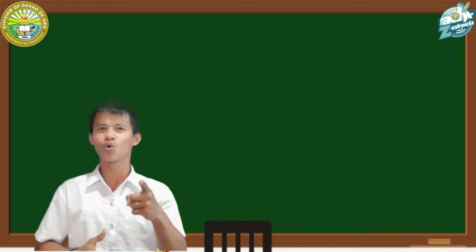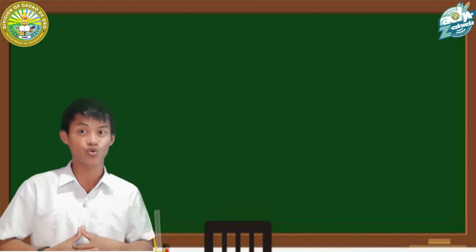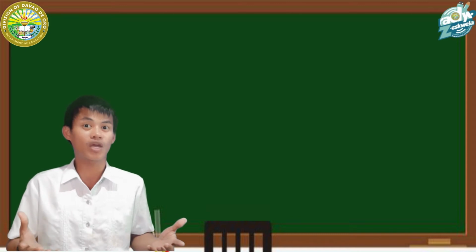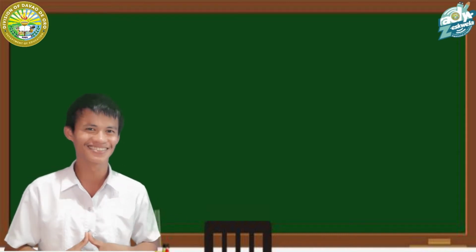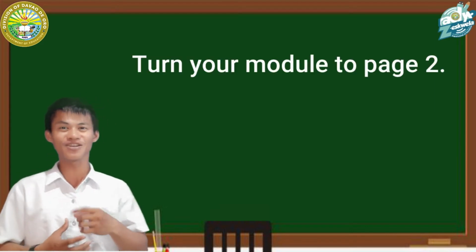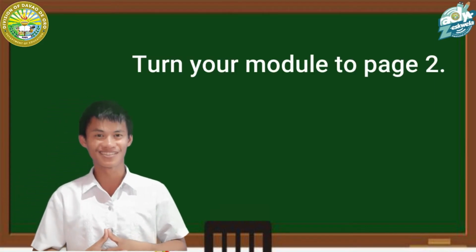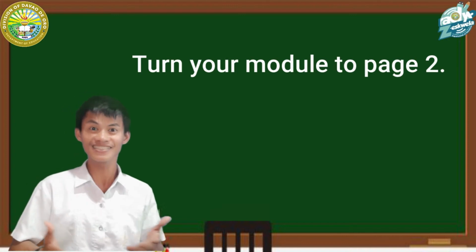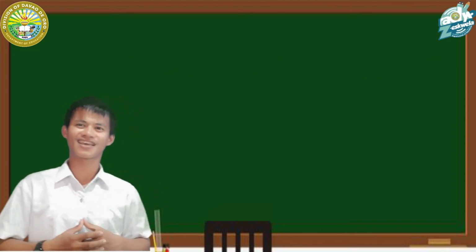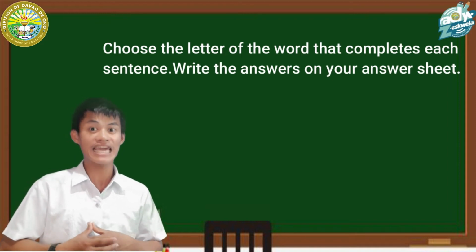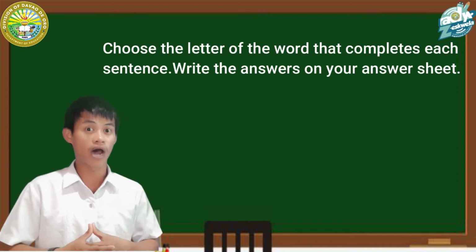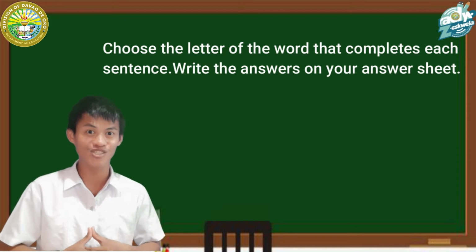For your next quest, check out the scrolls and let us have a quick review of the past lesson. Are you ready? Turn your module to page 2. Done? Alright. Choose the letter of the word that completes each sentence. Write the answer on your answer sheet.